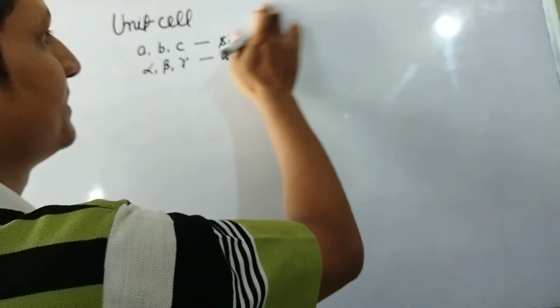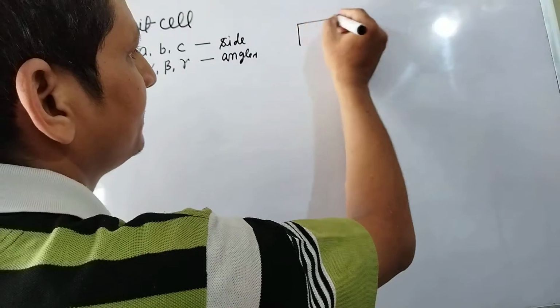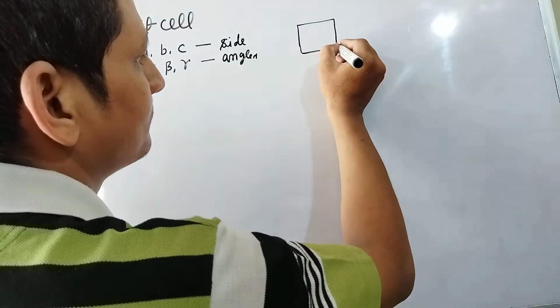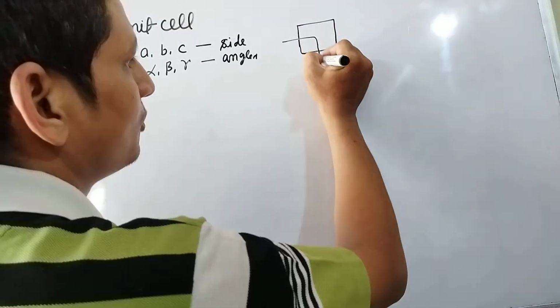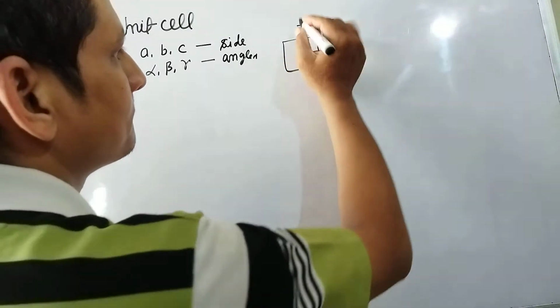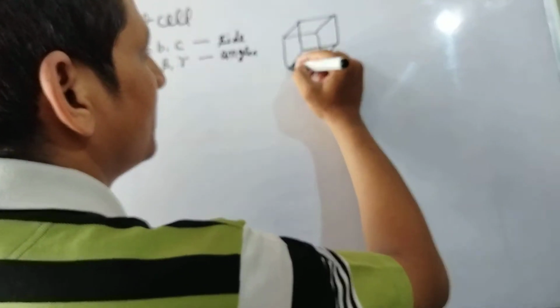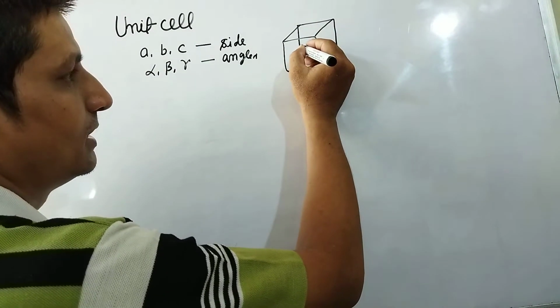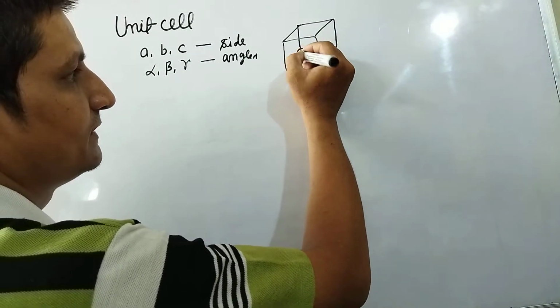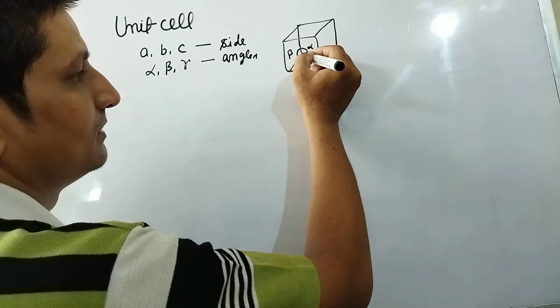So we can represent these in a unit cell this way. This is the smallest block. In this block, this is alpha, this is beta, and this is gamma.